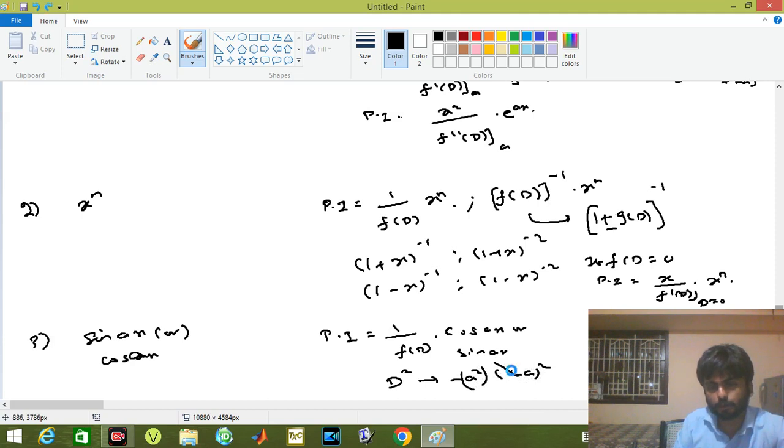First you have to make a square and then multiply it by minus. That is very important. This is one method.